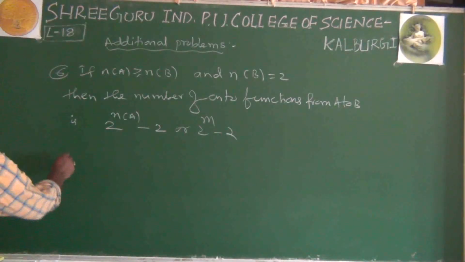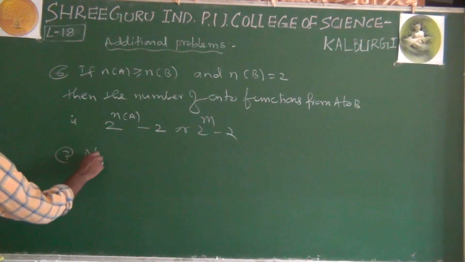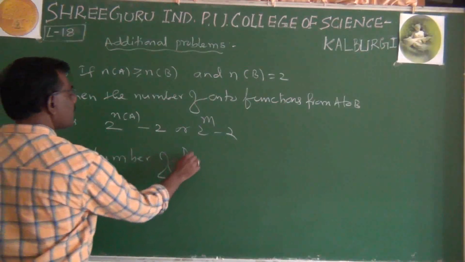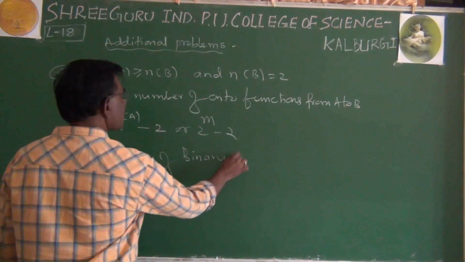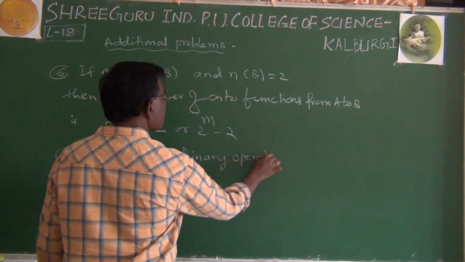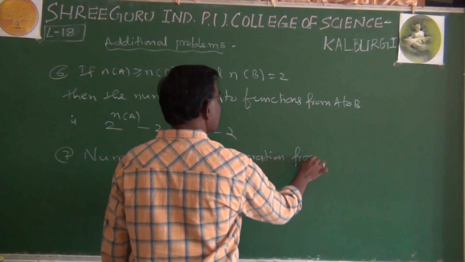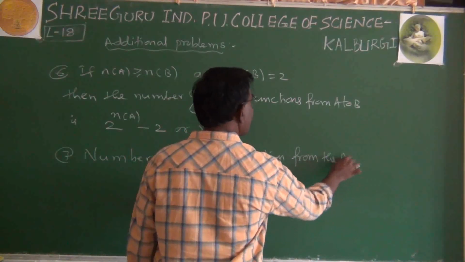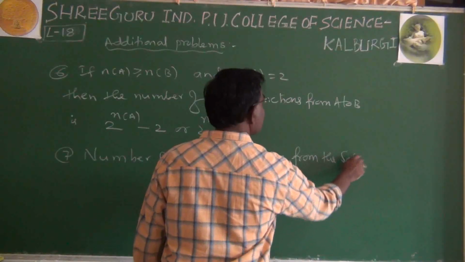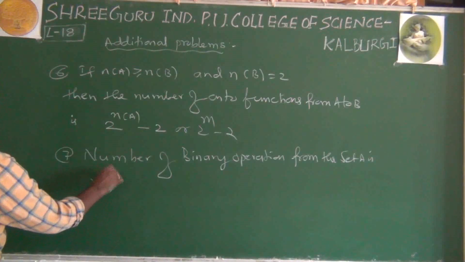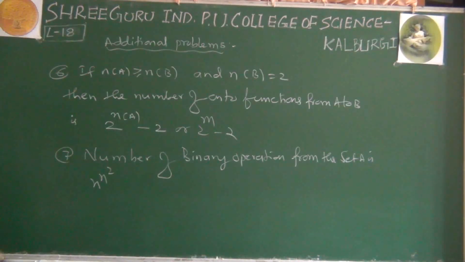Number 7. Number of binary operations from the set A is n to the power n square. What is n?